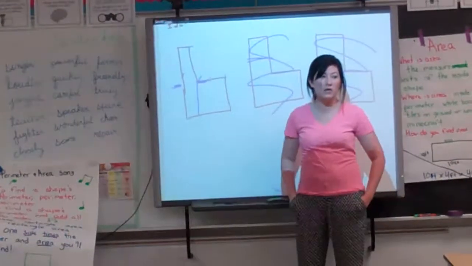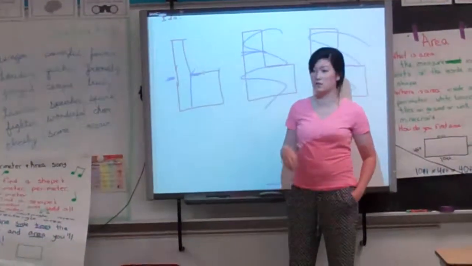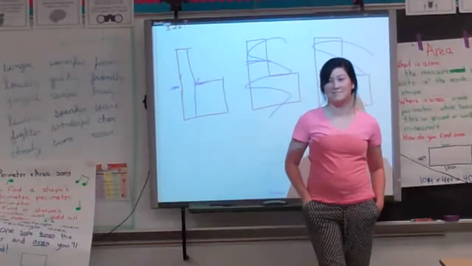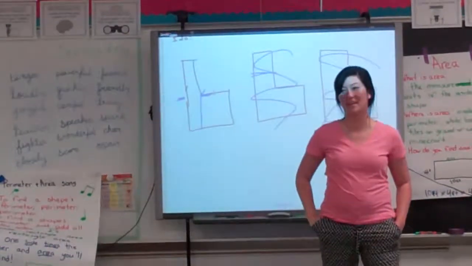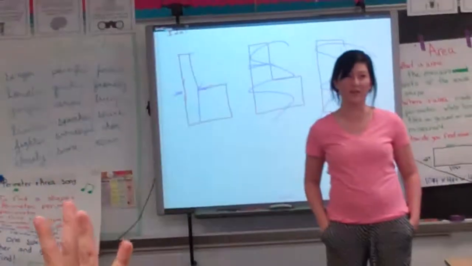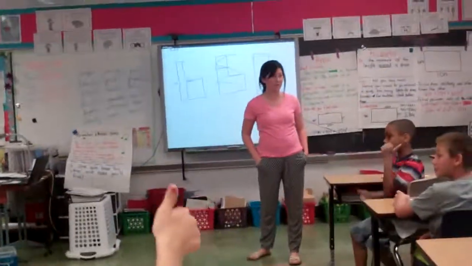Are those two rectangles? No. Yes. Both are true rectangles. Thumbs up if you say a square is a rectangle. Thumbs down if you do not. I see hands up. I don't see very many thumbs.